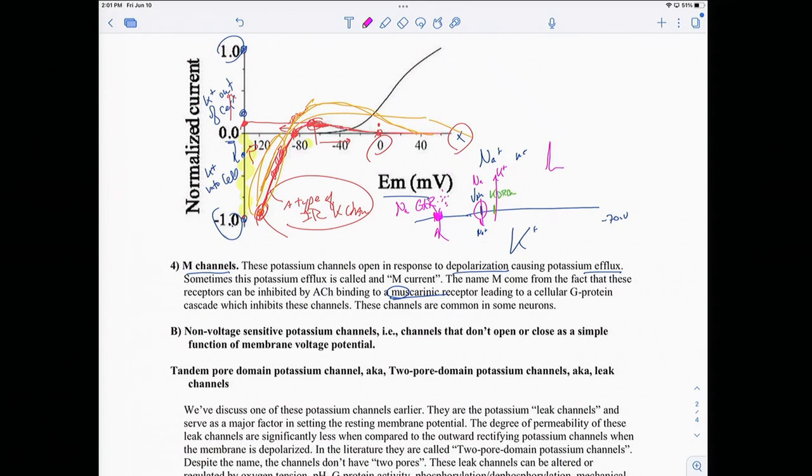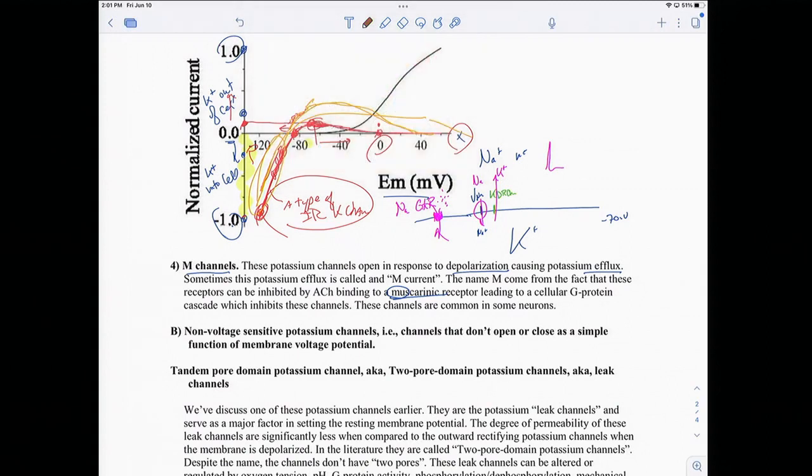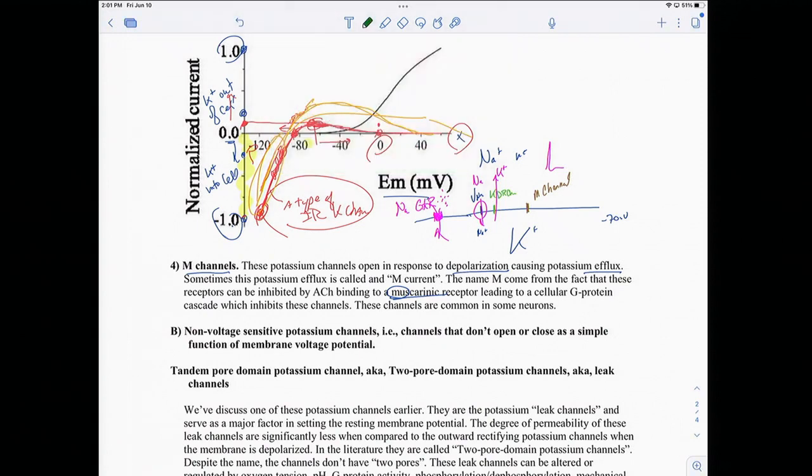Now, let's go ahead and put in, suppose that this is one of these neurons that has potassium M channels in there. So let's go brown here. So now I have an M channel. There's an M channel here. Okay. And then I'm going to go ahead and put in a muscarinic receptor.